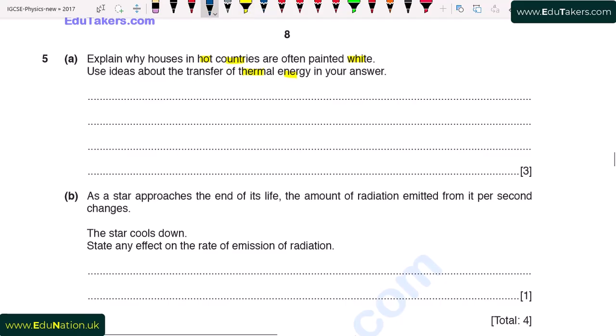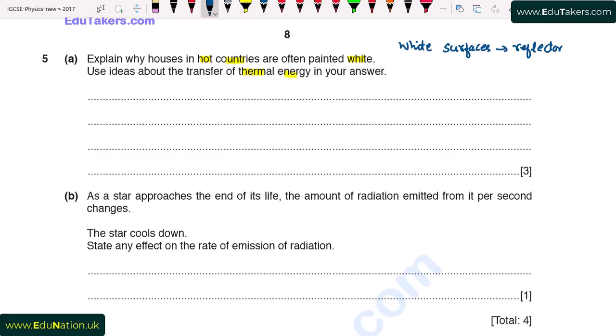And we know that white surfaces are good reflectors. It reflects most of the radiation falling on it. So we can simply say that white surfaces absorb less energy and reflect more.